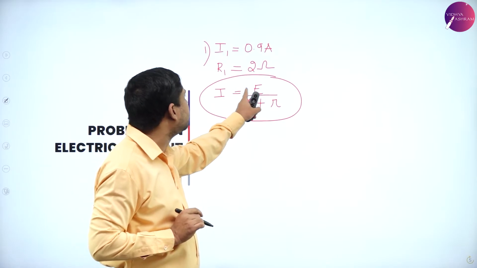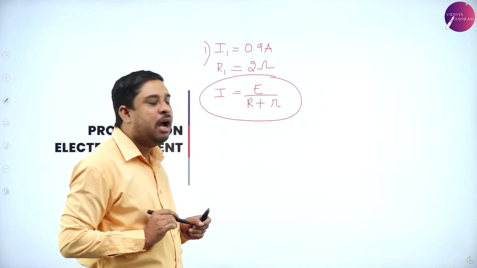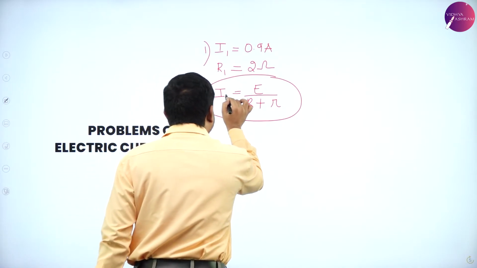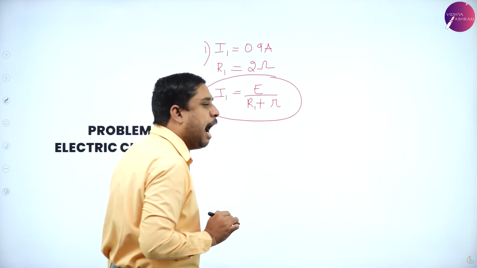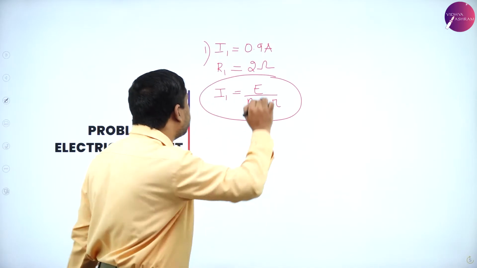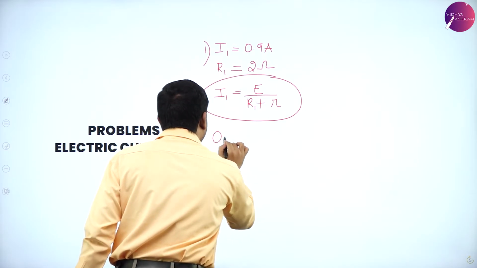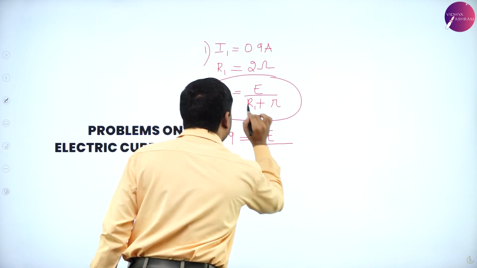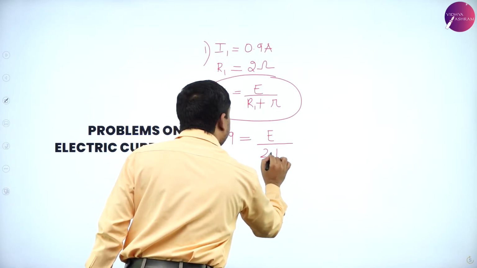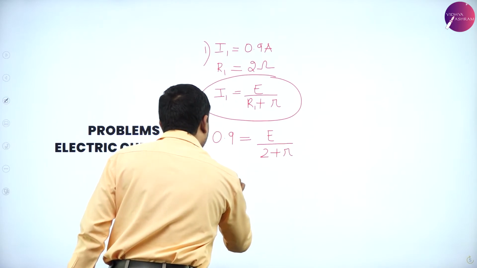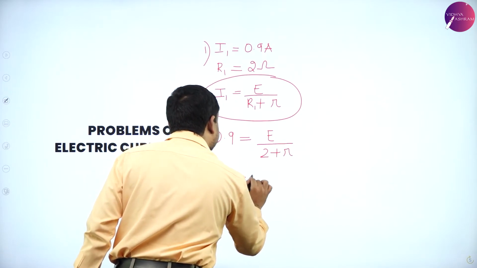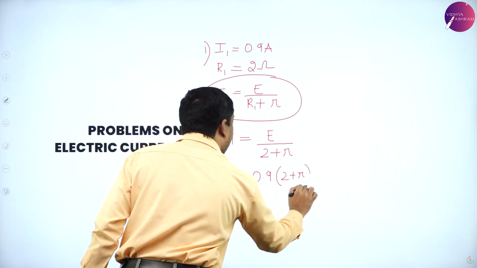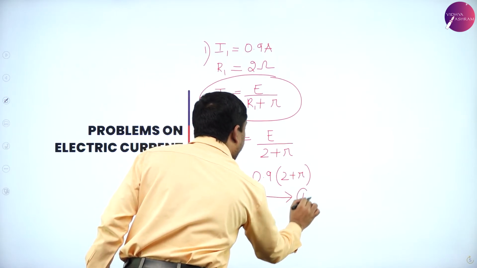I equals E divided by R plus small r. So this is I1, R1. On substituting, I1 is 0.9, E is not given, R is 2 plus small r, or E equals 0.9 into (2 plus r). I call this equation 1.